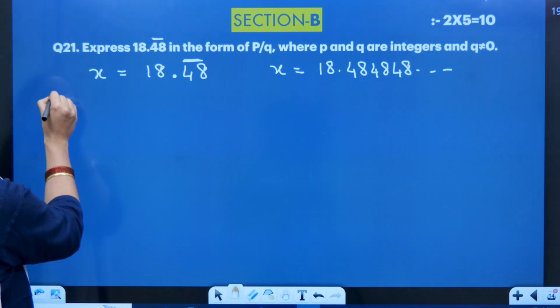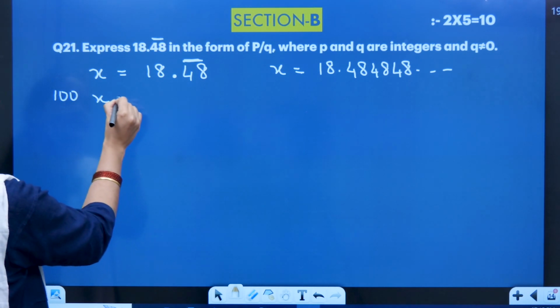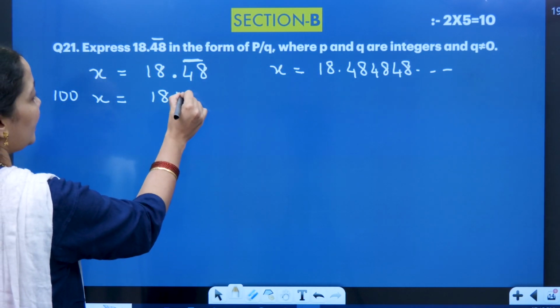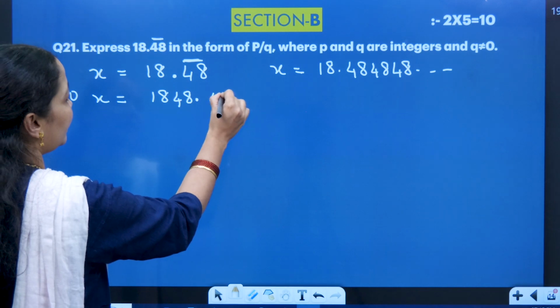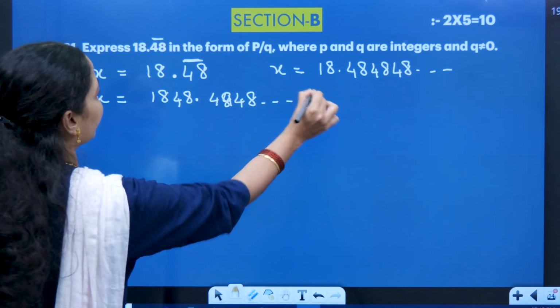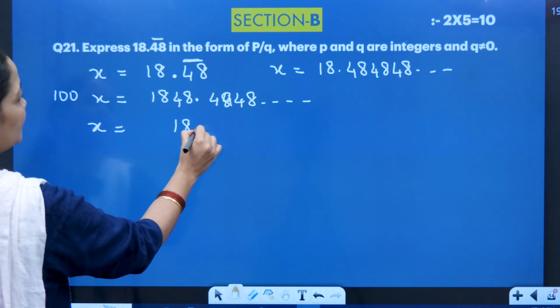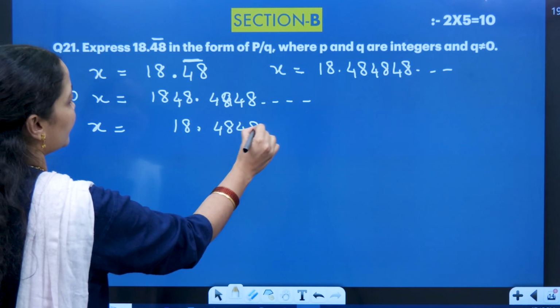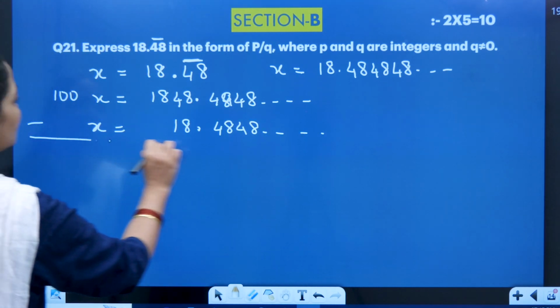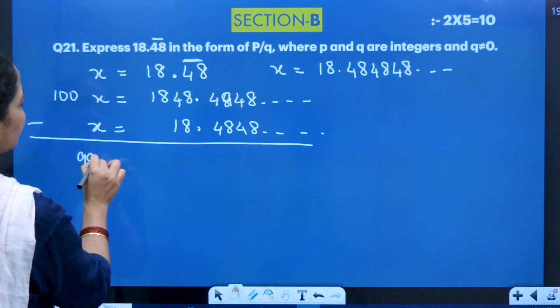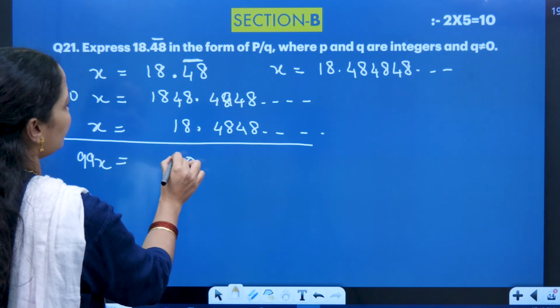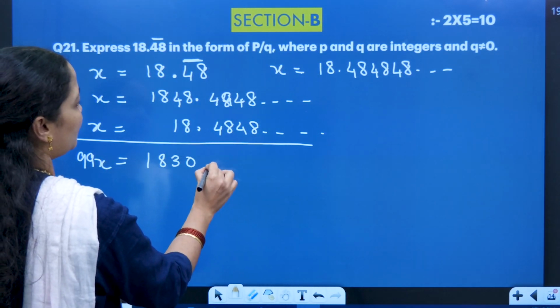Therefore I'll multiply this with 100 on both the sides. 100x is equal to 1848.4848 as it is. It is continuing. I'll place this x lower to this. This is equal to 18.48, 48, etc. Subtracting these two, I get 99x equal to the subtraction, 1830.